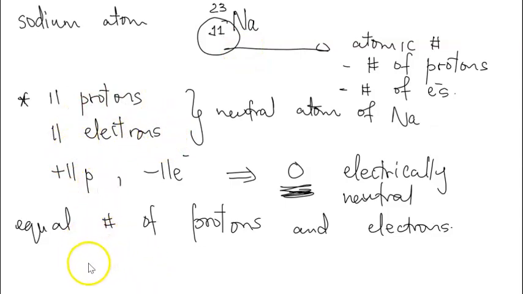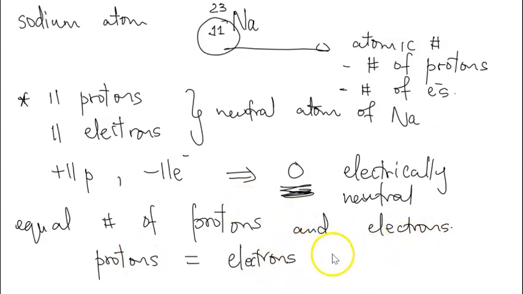So once we have protons equaling electrons, the atom will not be charged and we consider it to be electrically neutral.